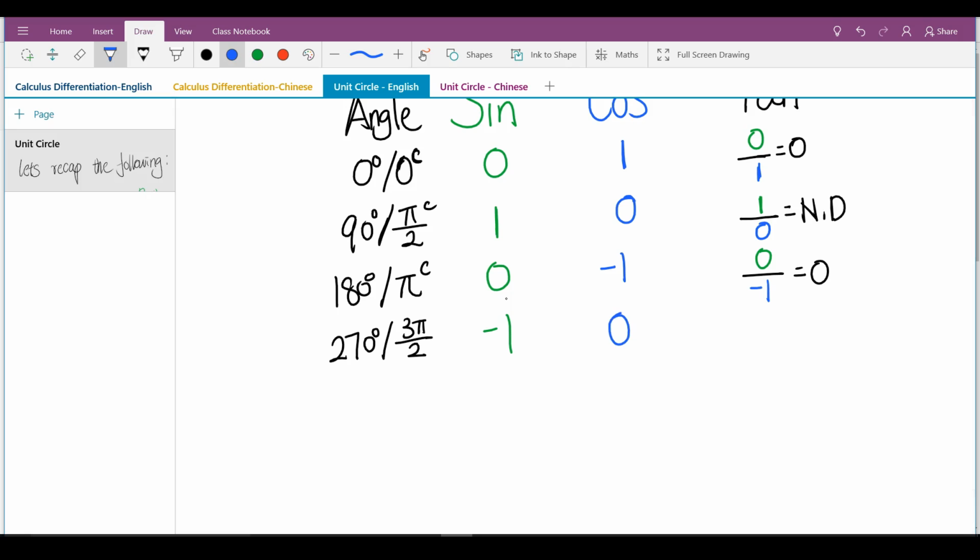Right? And another funny thing here. So looks like we've seen it before. So this one's -1 over 0, right? At 270 it will be -1 over 0 again. And we get another non-defined. Interesting, but we save it for another video, okay?